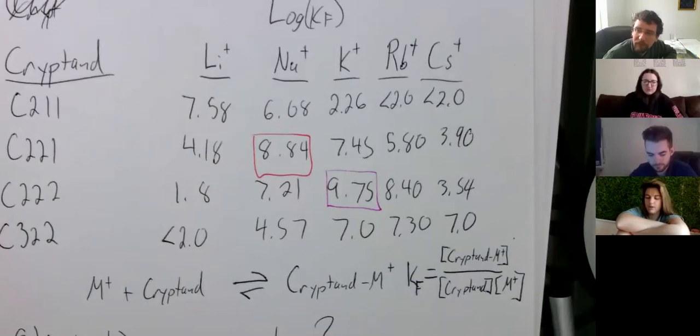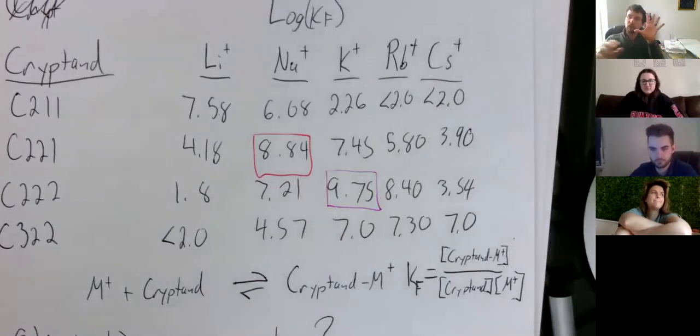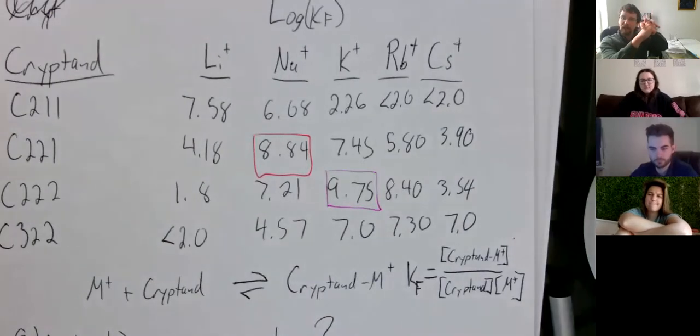Probably something with electronegativity. Nope, it doesn't have to do with electronegativity. You were on the right track with what you were saying earlier. It's the radius of the ion, so the fit would be better. Right, it can snap on the ones that are the right size.